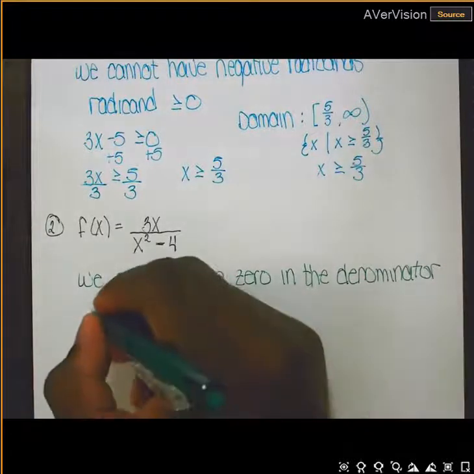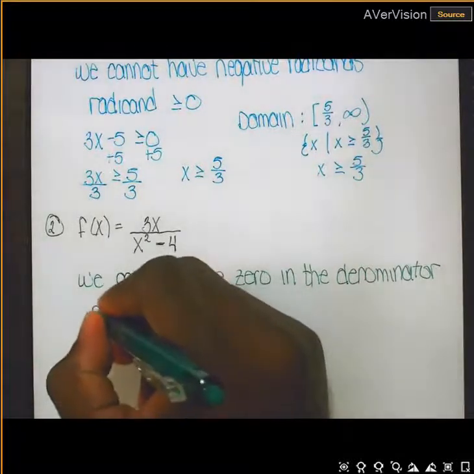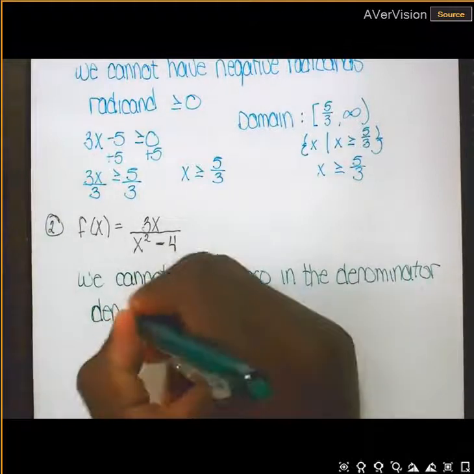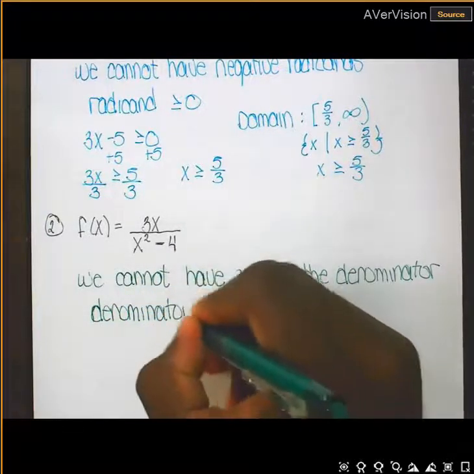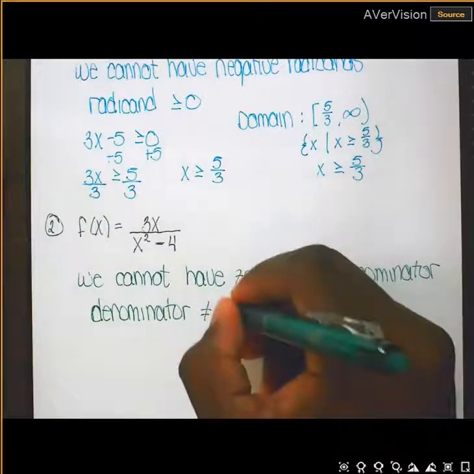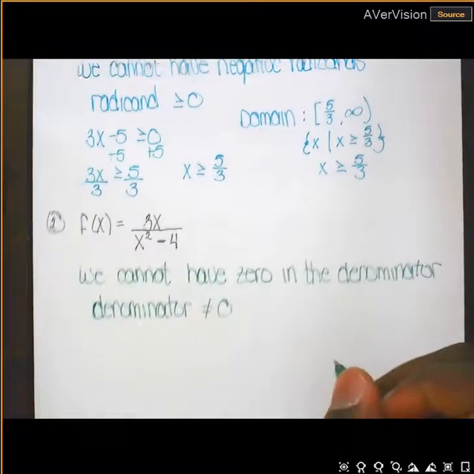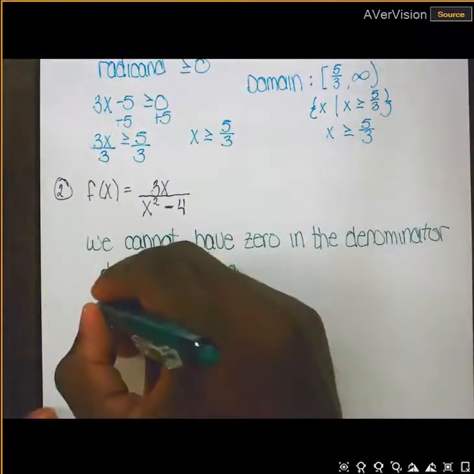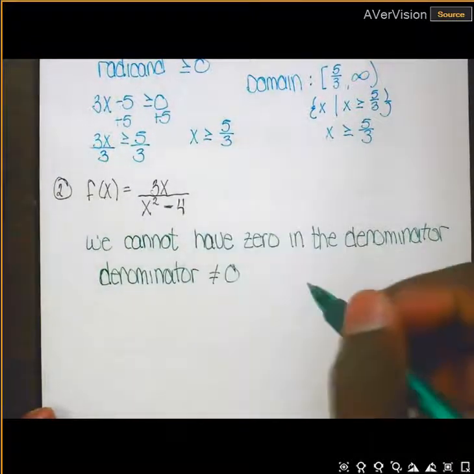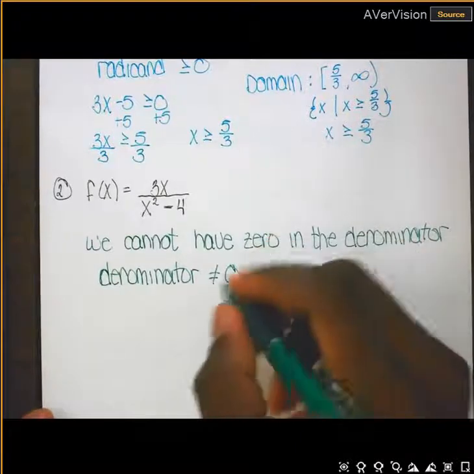So that means that the denominator cannot equal 0. To find that, we have to set it equal to 0 and see what x values make it 0.